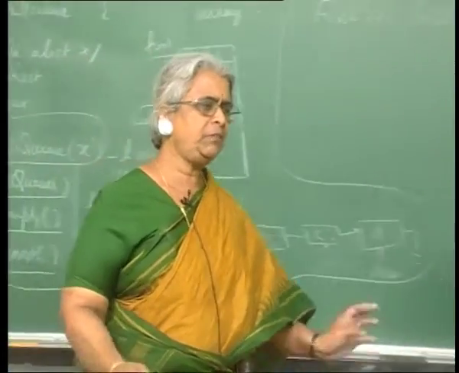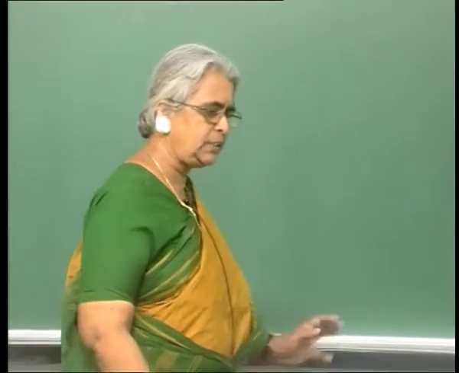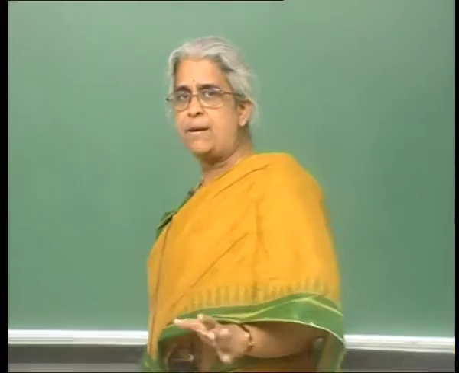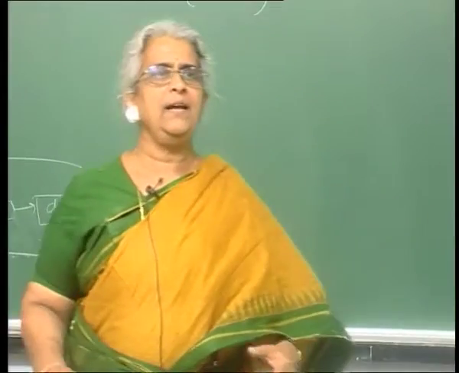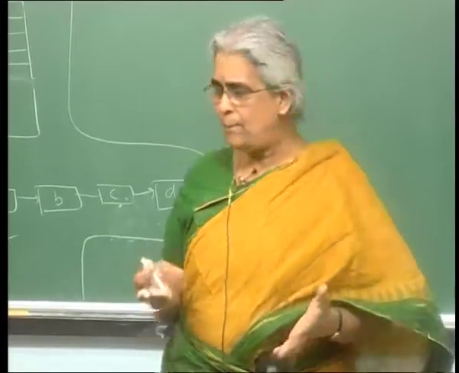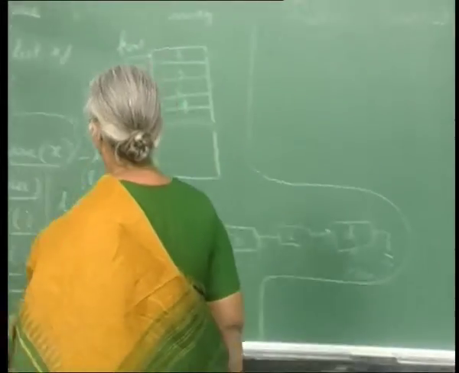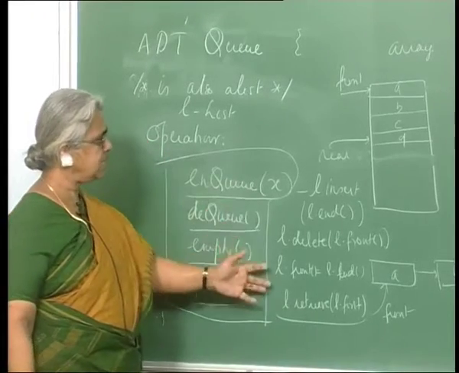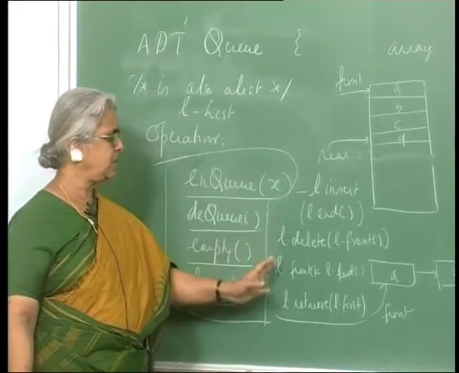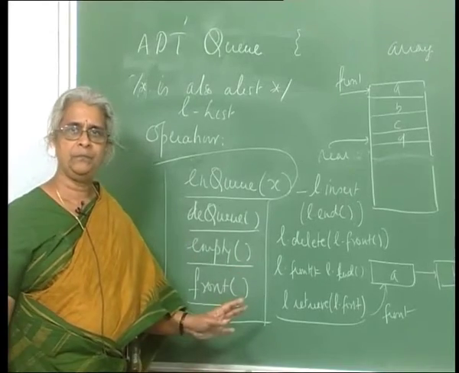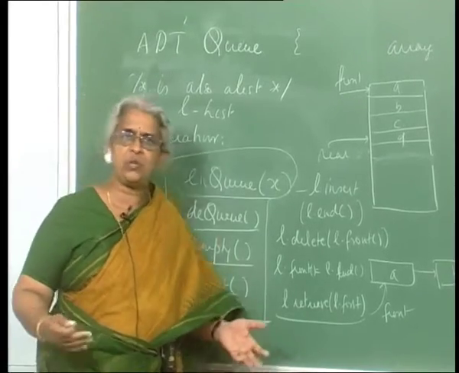This is the first thing that I always advise any student to do: if you have one ADT which you have implemented and which is completely debugged, then just reuse that ADT again. That's what I am doing here, just like we did for the stack. I define the ADT queue in terms of the list and do operations on the list to mimic the operations of the queue. That's all. Then you very quickly have a queue ADT.